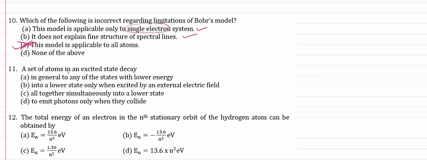Next, a set of atoms in an excited state decay. In general, to any of the states with lower energy, into lower state only when excited by an external electric field, all together simultaneously into a lower state, to emit photon only when they collide. So if you take an atom from ground state to excited state, it will not remain for long.